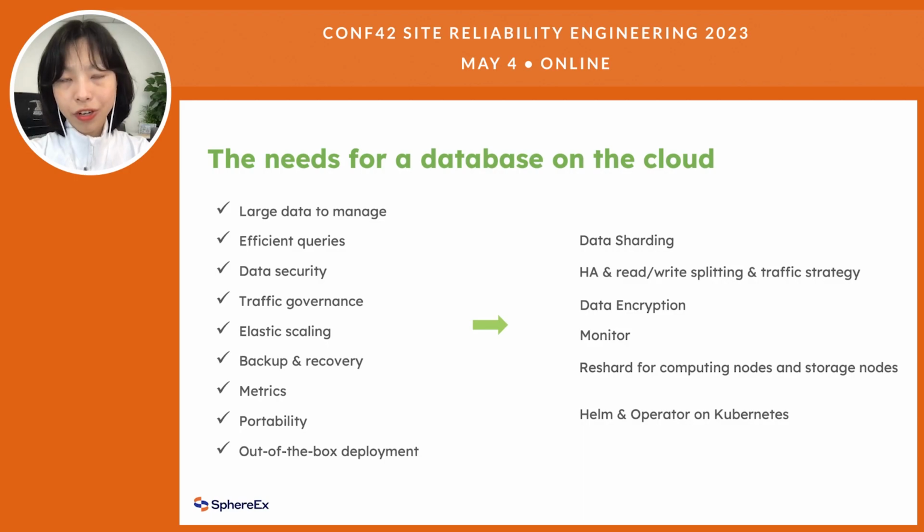We can do data sharding to help our database infrastructure have scalability or elasticity. And we can also consider creating more replicas to do a read/write splitting strategy for our traffic, to make this database cluster have high availability or higher throughput.